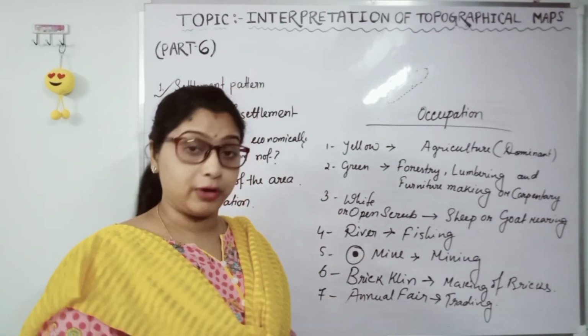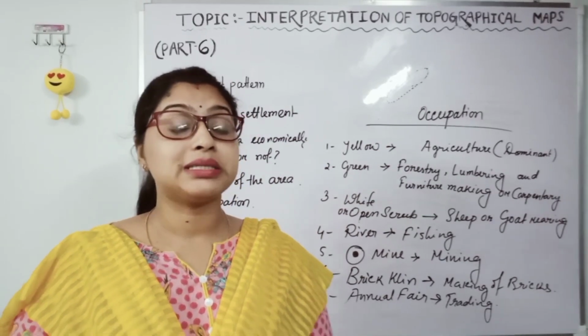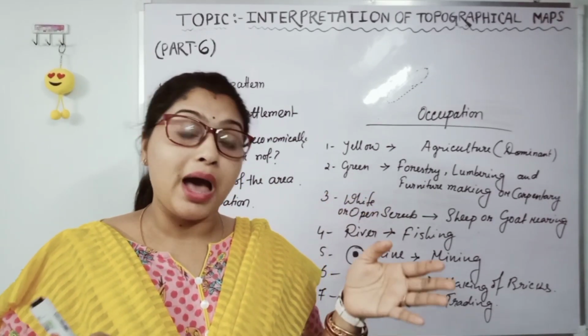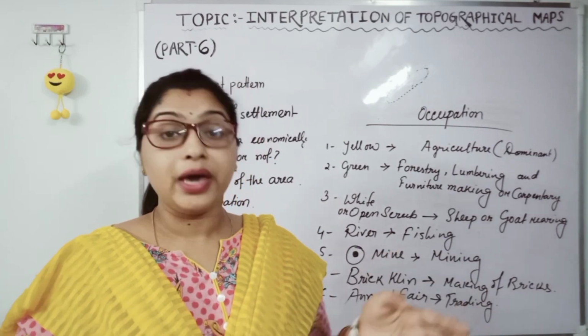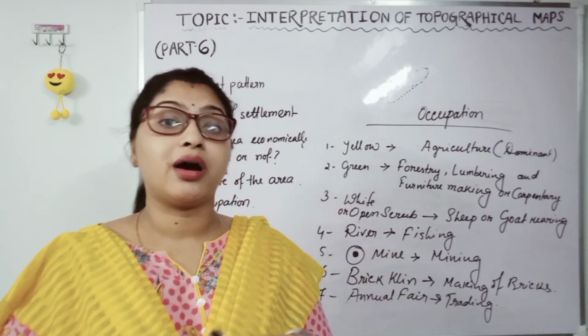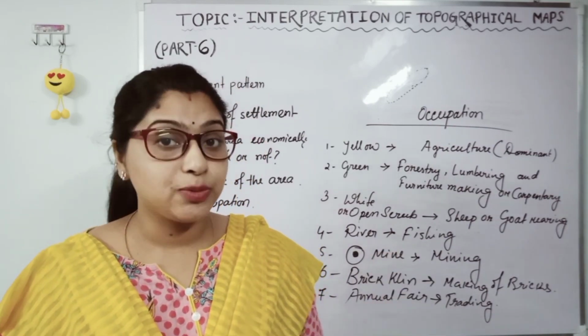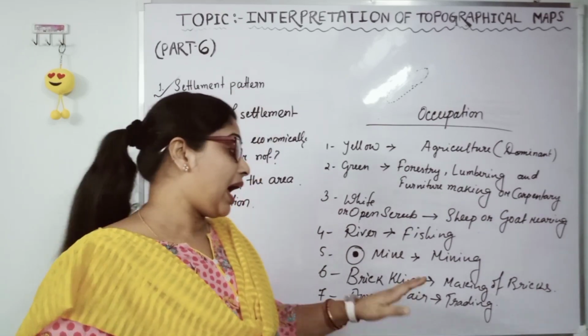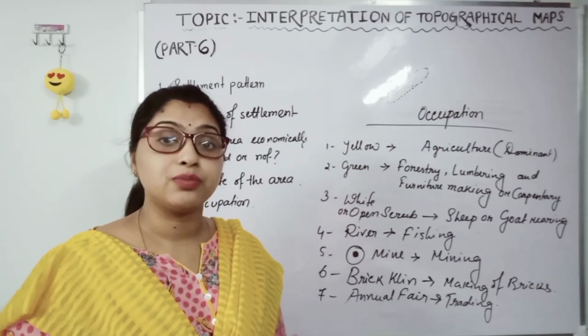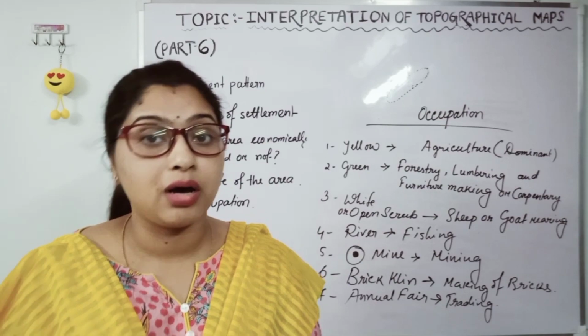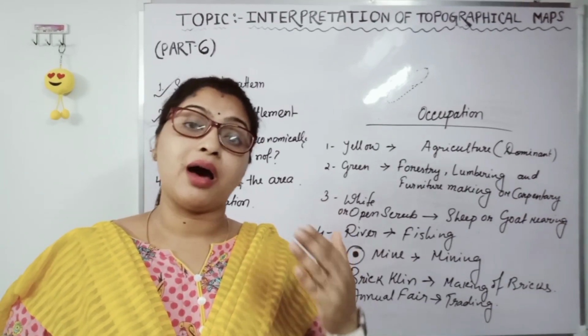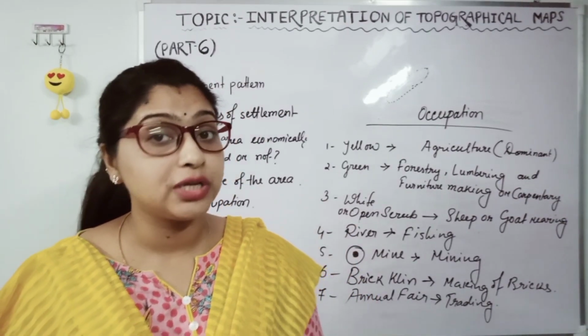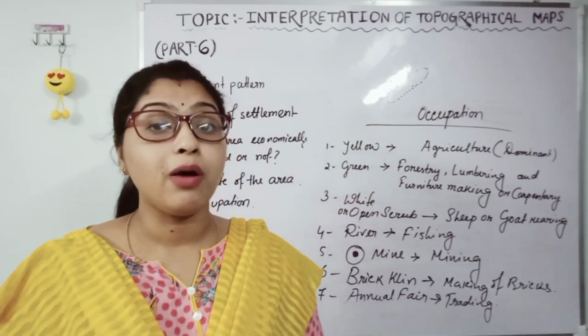Next, annual fair. An annual fair is a source of trade where people exchange their products as well as sell them, and this is the place where people can trade. So trade is another profession we can see in our topo map.